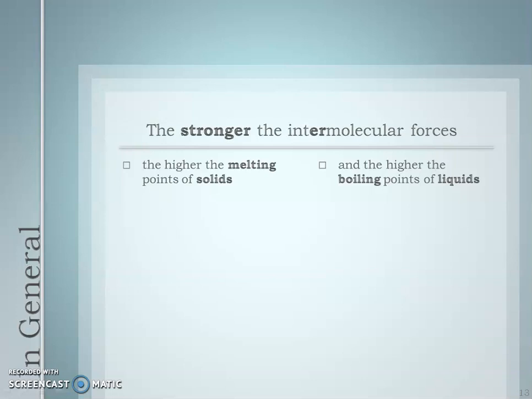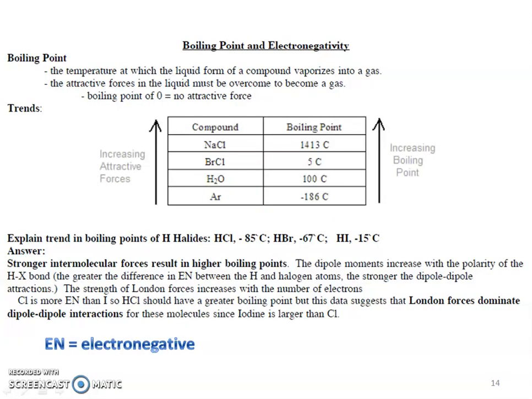So your melting point of that H2O solid to H2O liquid is going to be higher when we have stronger IMFs. So that should make sense, right? If you have a stronger force of attraction, it's going to take more energy to separate those molecules from each other. So again, pause the video and read this information.